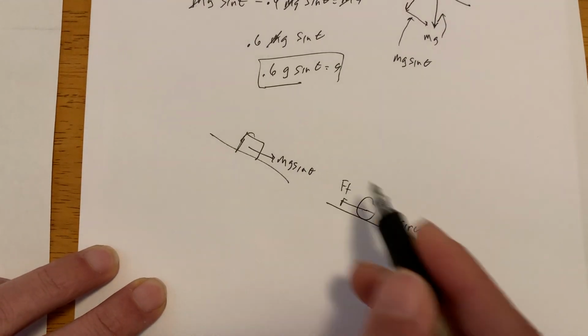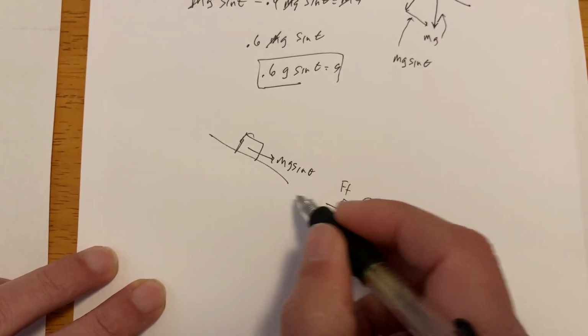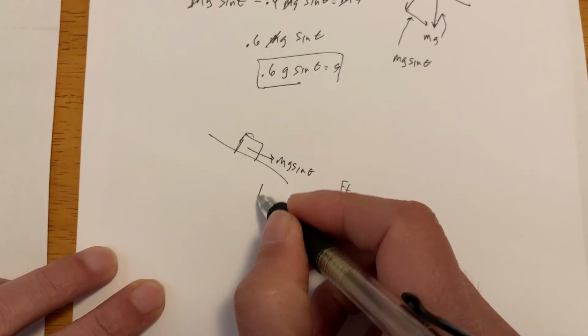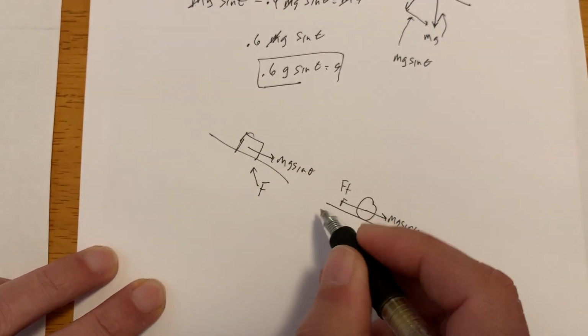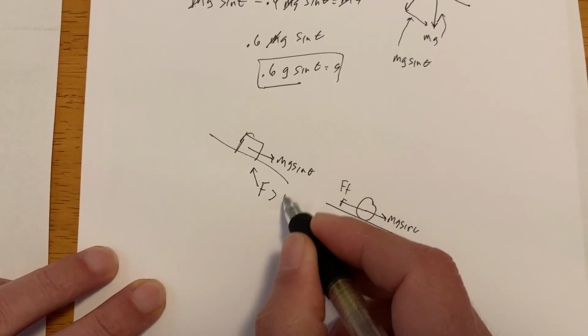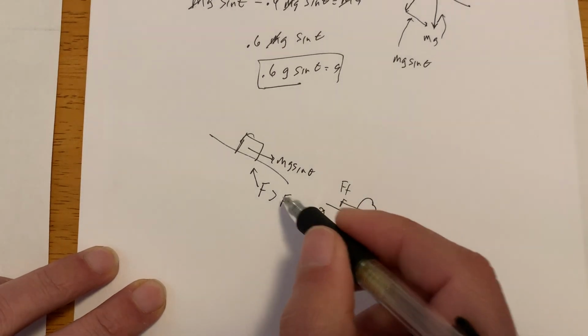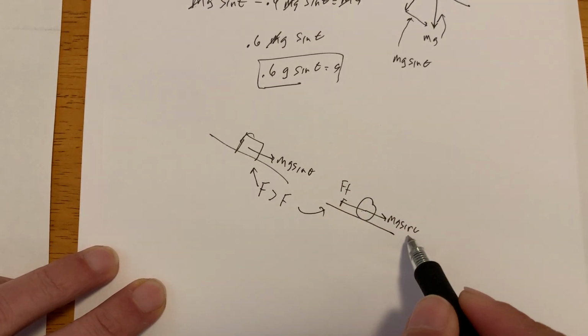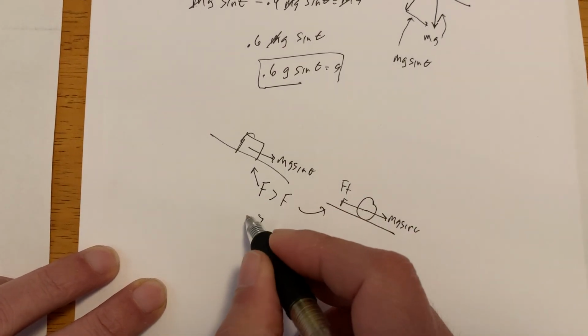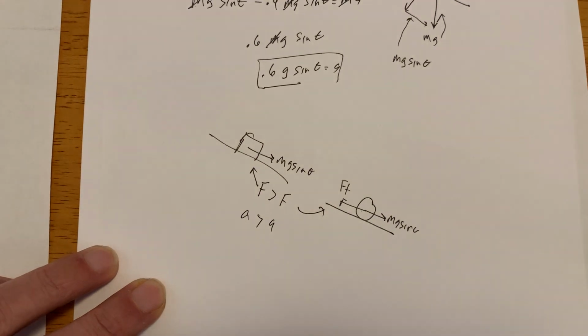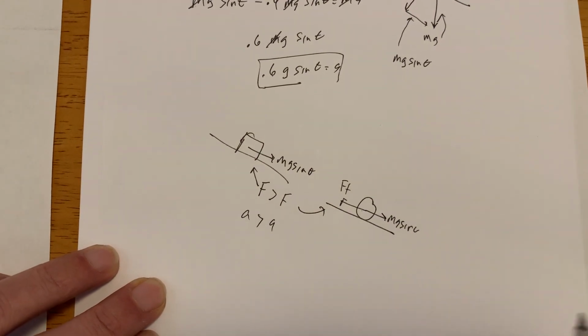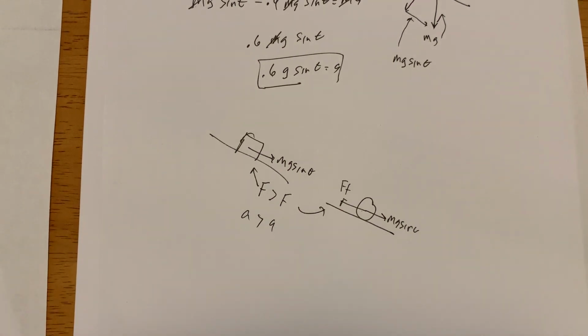So look, when I add these forces up, the net force here is going to be bigger than the net force here, because this one is mg sine theta minus ff. So what that means is this acceleration is bigger than this acceleration. If it has bigger acceleration, it's going to be traveling faster at the bottom. Okay? So that's explained in terms of forces.